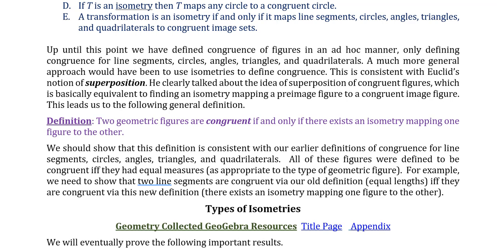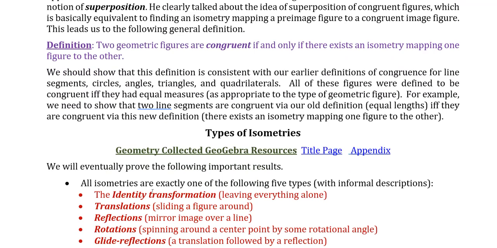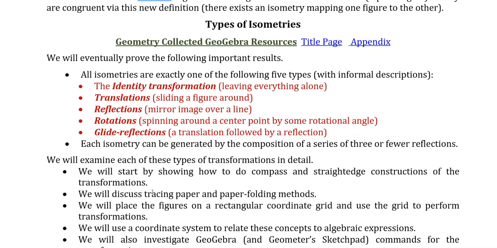Now let's do some overview here. It turns out that there are actually 5 types of isometries, and only 5. This is a really informal definition of them here. The identity transformation is the boring one. That's where everything's left alone, but it is a type of isometry.